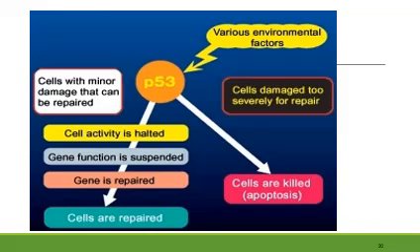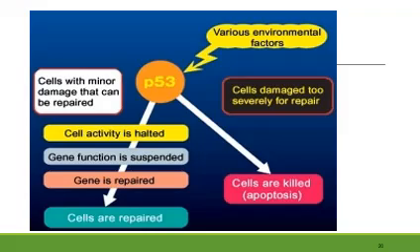So let's look at the function of the p53. Due to various environmental factors, cells can get damaged. There are two options. The damage to the DNA may be minor and can be repaired.